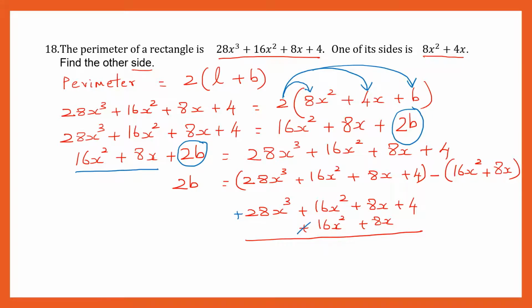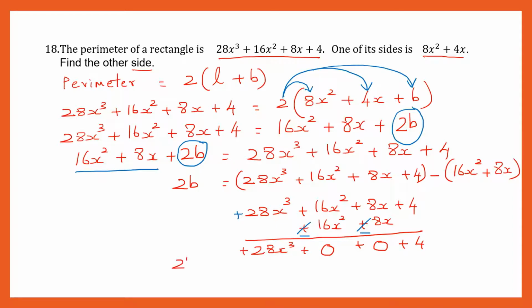So this becomes minus and this also becomes minus. So now let's see what is remaining. This is 28x cubed. Now 16 minus 16 has become 0. 8 minus 8 has become 0. So it is simply 28x cubed plus 4.